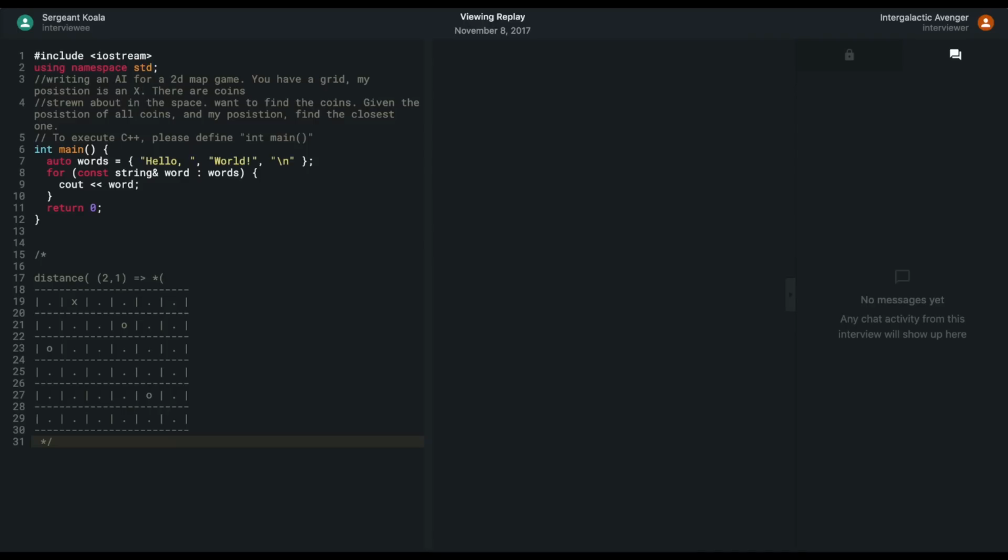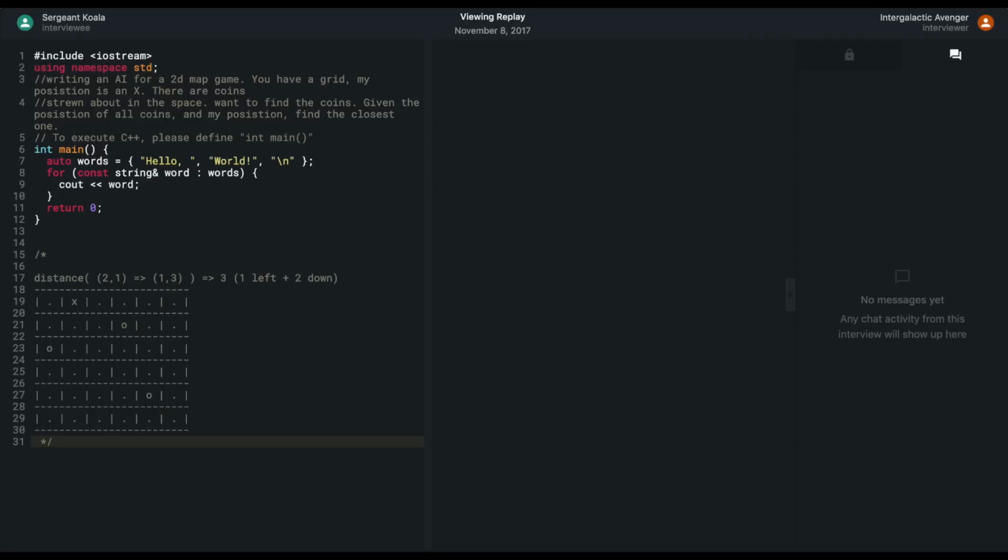We'll call the distance 3, which is 1 left and 2 down. That makes sense. So essentially, the distance is the difference between, if I'm X0, Y0, and a coin is X1, Y1, then it's X0 minus X1 plus Y0 minus Y1, something like that.